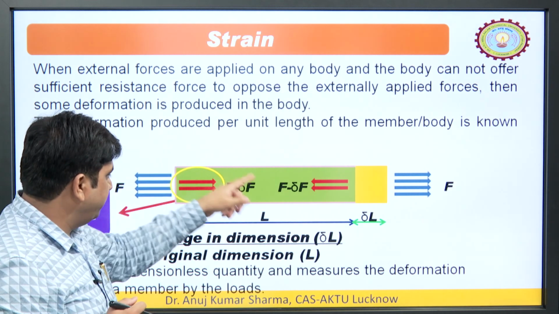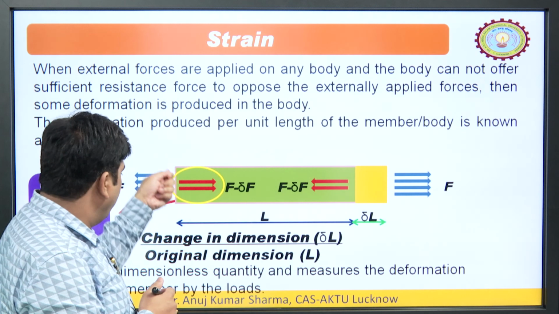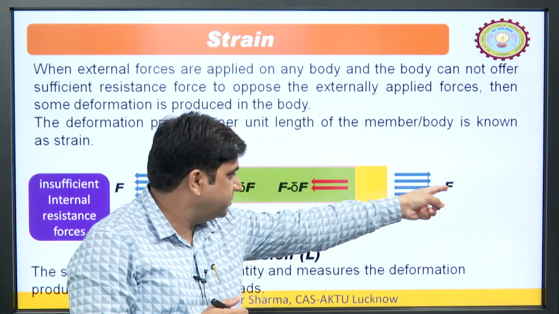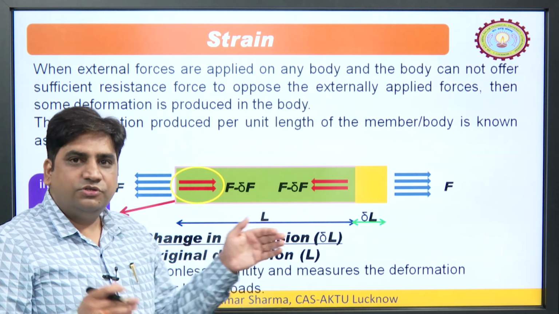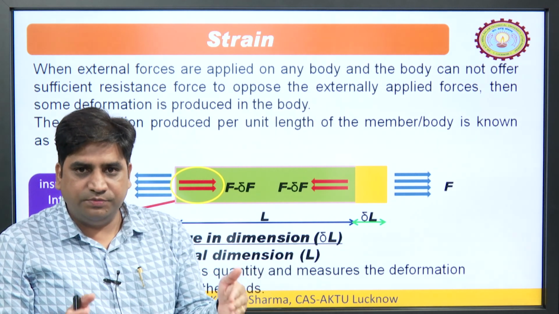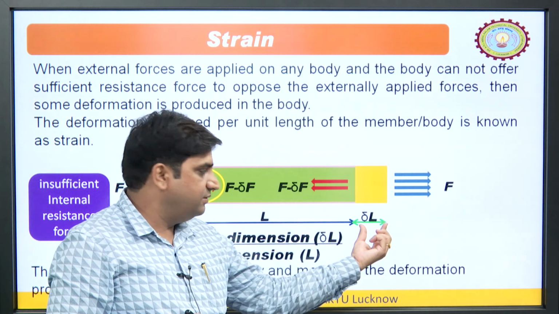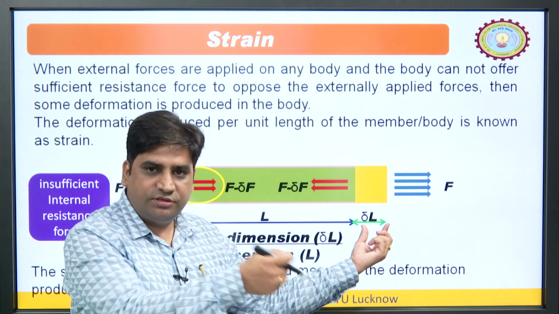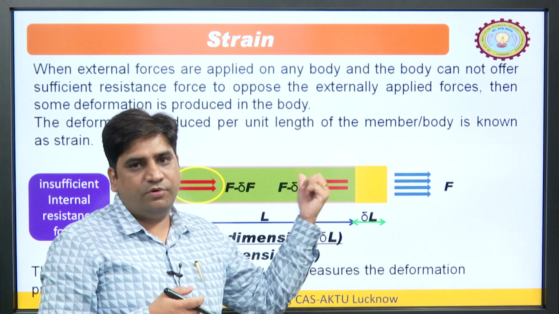From this example, initially the length was L, and upon application of this external force we could generate only F minus dF force. Because of this difference, its length has increased by dL. So, there is some elongation. These kinds of deformations are measured in the form of strain.